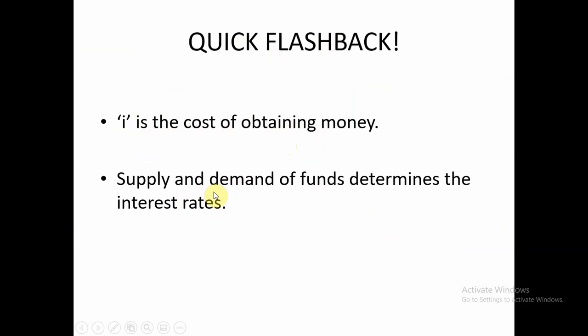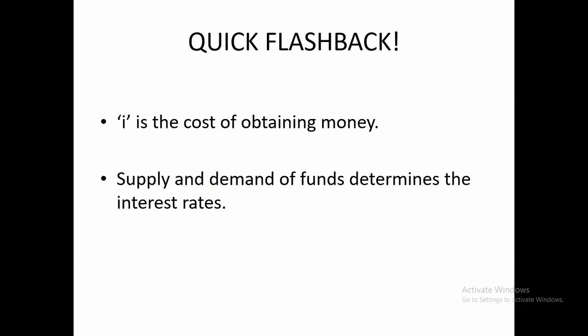So supply and demand of funds determine the interest rate. On the basis of the interaction of the supply and demand curves, you determine what the interest rate in the market should be. And interest rates are different in every country. In some countries interest rates fall around 5%, in some countries 7%, in some 11%, and in developing countries like Pakistan this interest rate falls around 17%.